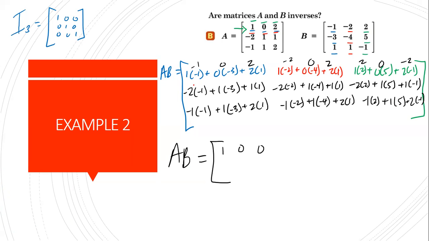We have 2, -3, and 1. 2 minus 3 is -1, plus 1 is 0. We have 4, -4, and 1. That gives me 1. We have -4, 5, and -1. That gives me 0.